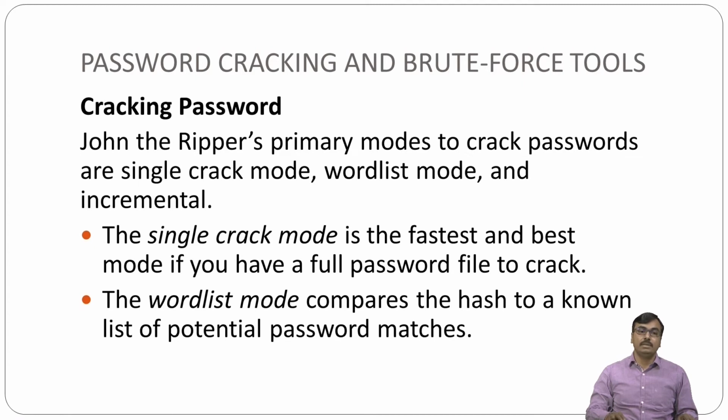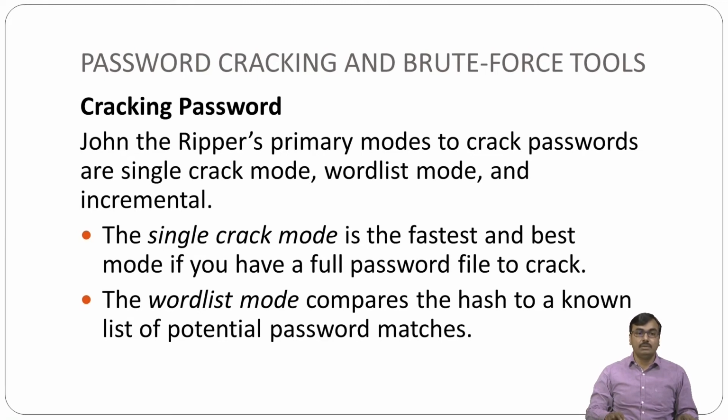That means if we have a simple or very basic kind of password, then using single crack mode we can easily get the original password from the full password file.